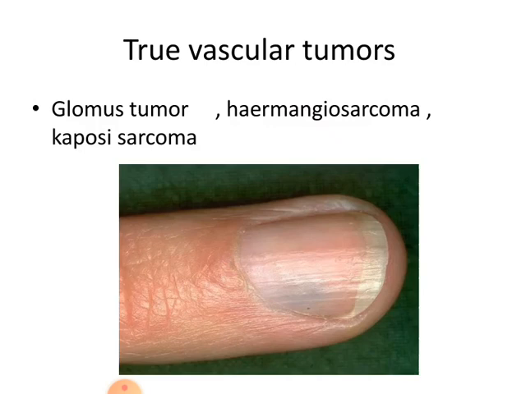Lastly, we have the true vascular tumors, like a glomus tumor. What is the glomus tumor? It's a true benign tumor arising from the glomus body.